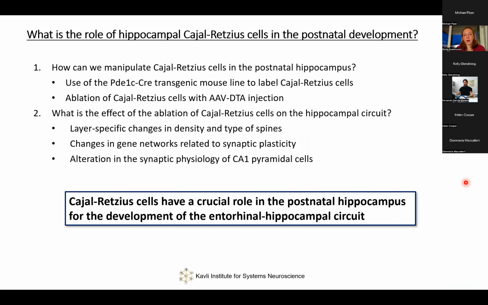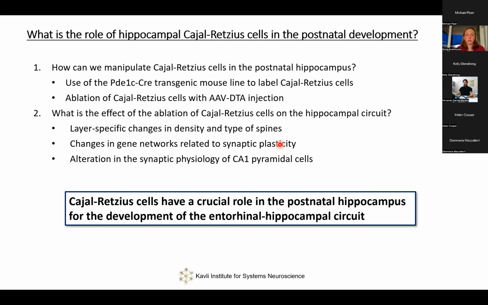And with this, I hope I convinced you that the ablation of Cajal-Retzius cells really has a big effect on the hippocampal circuit. We are able to observe layer-specific changes in the density and type of spines. We can see changes in gene networks related to synaptic plasticity, and here we were able to identify Lactofeeling, which has been shown to be really important for the layer 3 entorhinal cortex to CA1 SLM connectivity.